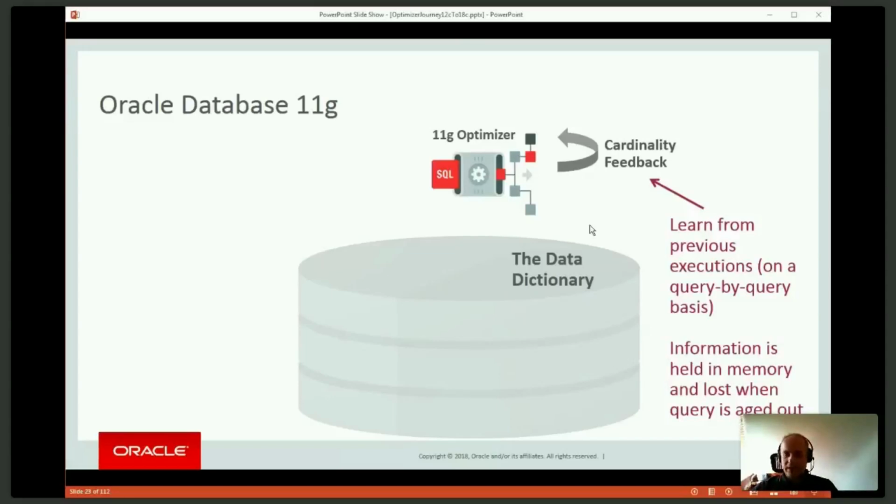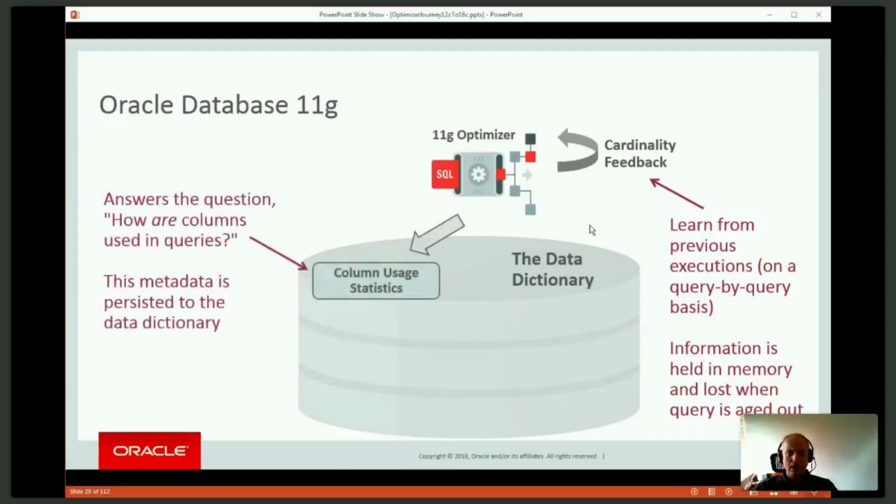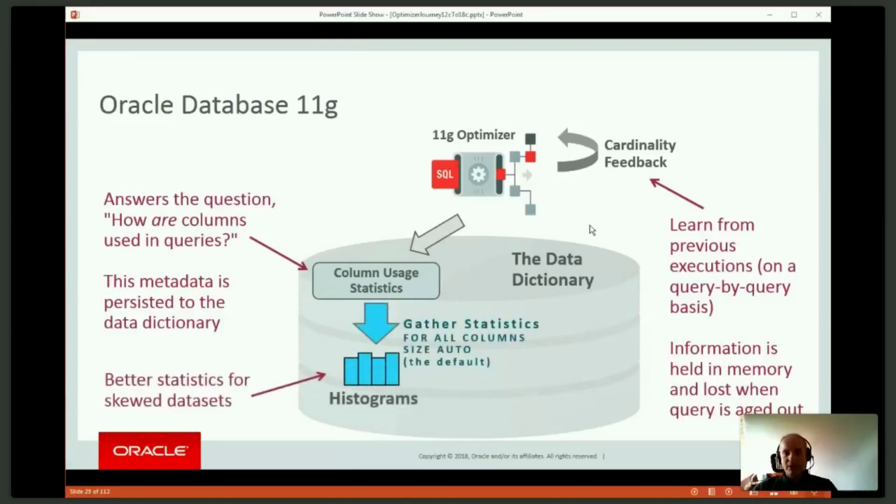So you've had that in 11G, of course. And the other thing that occurs is that we store information about the columns that are being used in where clause predicates. That information is tracked, held as metadata in the data dictionary. So remember, this is all 11G, or what you're used to if you're using 11G. And then beyond that, if you gather statistics using the default mechanism, which is for all columns size auto, you can be given histograms.